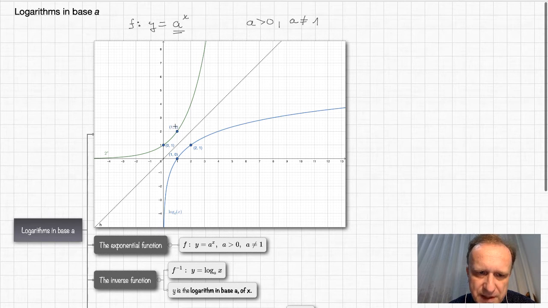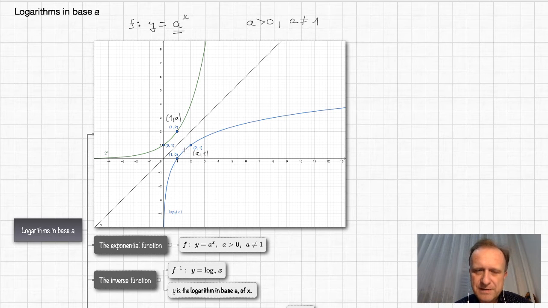Well, 2 is there because we have the base 2, we have the function 2 to the power of x, but in the general case this point would be (1, a), where a would be the value of the base. And this point is reflected to the one with coordinates (2, 1) in our case when we have the logarithm in base 2 of x, but in general it would be (a, 1).